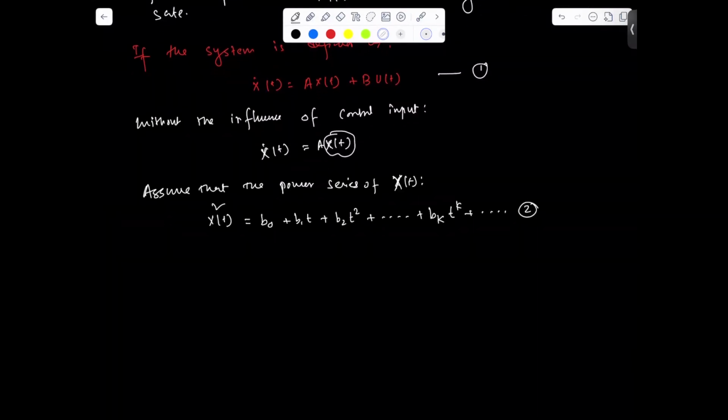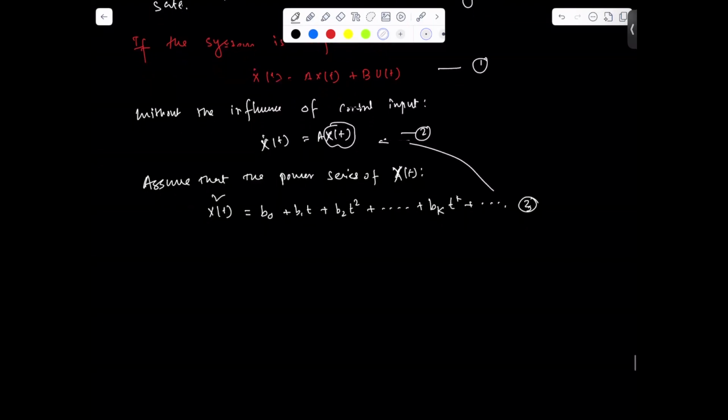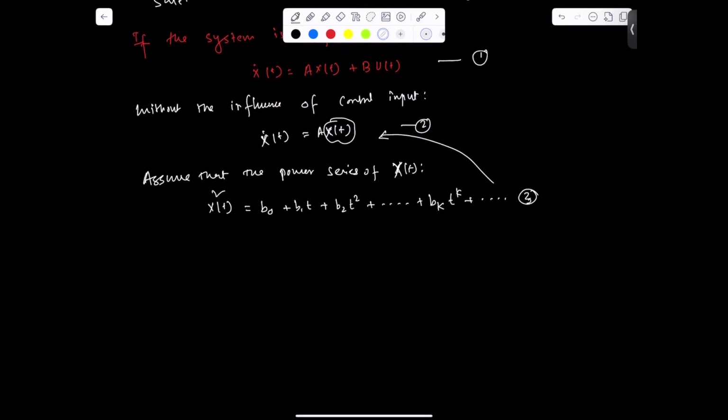Let me define this as equation number 3. Now, if we substitute equation number 3 in equation 1, we can take the time derivative of equation 3.